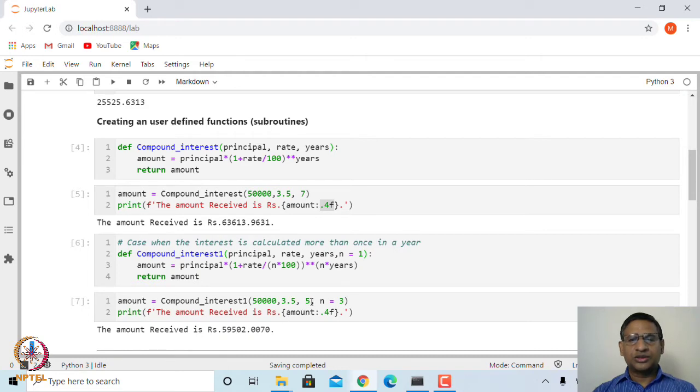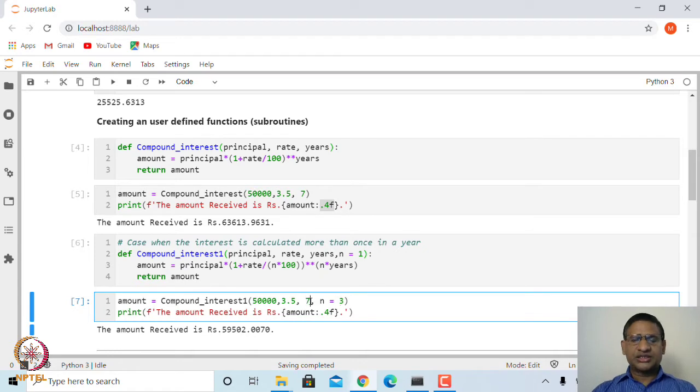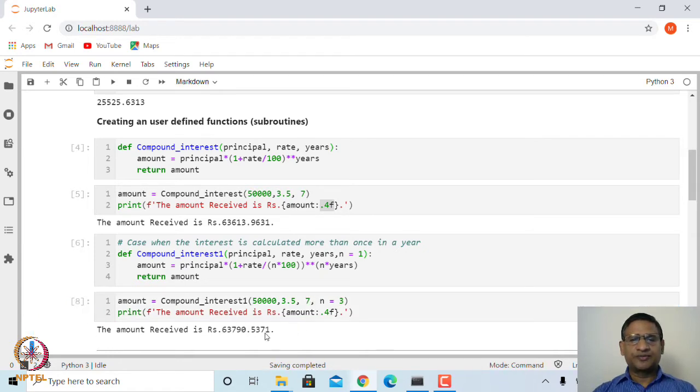Earlier it was 7 years, so let us make it 7 years and then see what is the amount. You can see that the amount in this case is more than the previous amount when the interest was calculated annually.